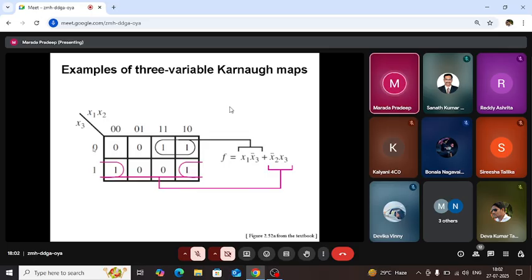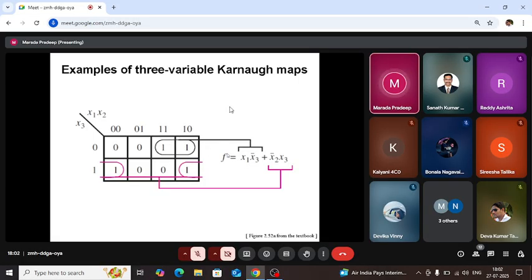See, here x3, see my cursor. Here x3 is constant. Here 1 1 1 0. These two are adjacent. Here x1 is constant.